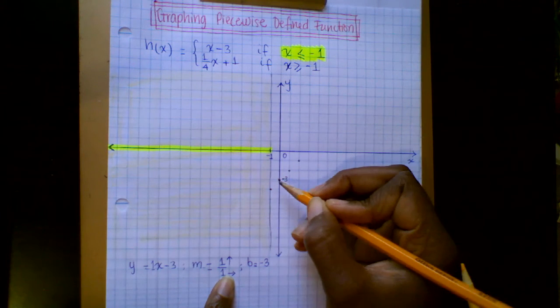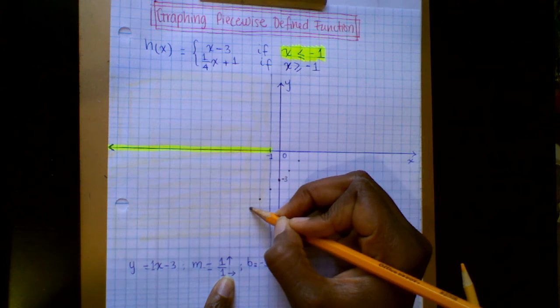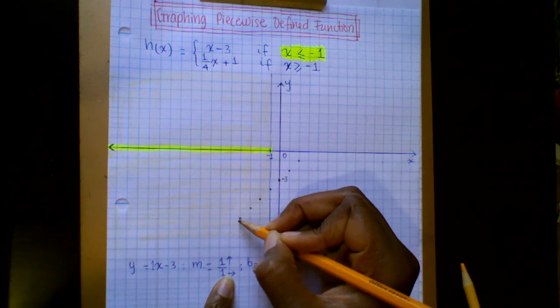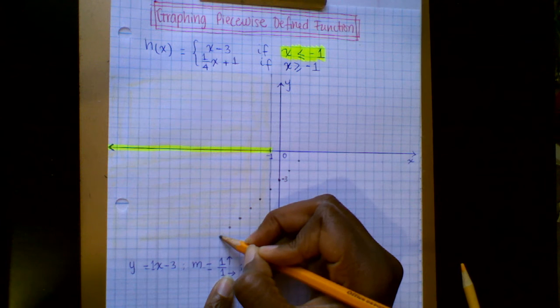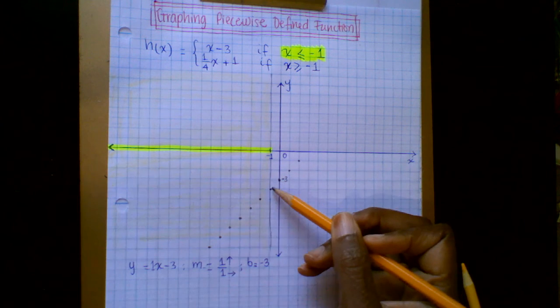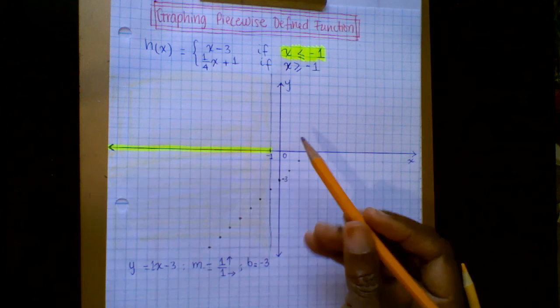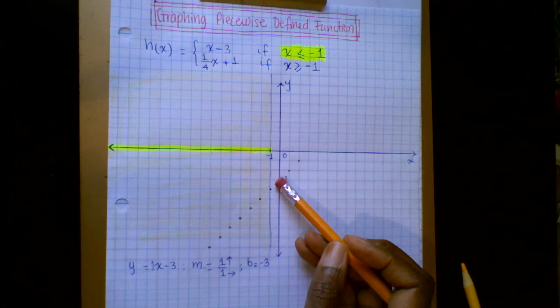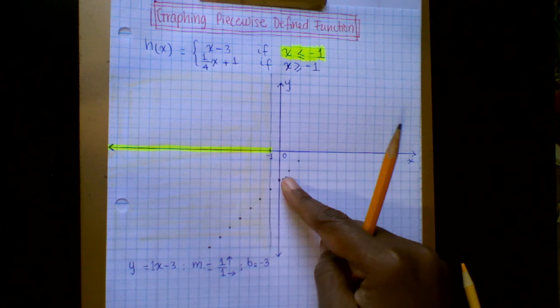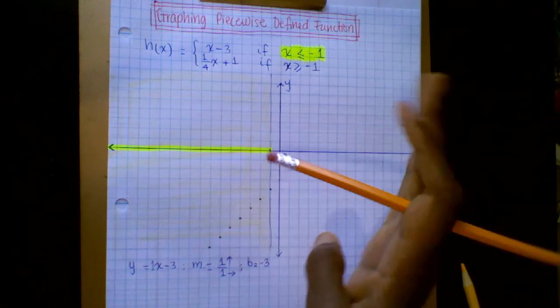I'm using the other side of the line, and I'm going to continue the same pattern: down 1, left 1, again and again. I like to see as many points as you can. Don't just do 2 or 3. Do as many as you can. Now I don't need the points on the right side of -1, so I'm going to erase those points.